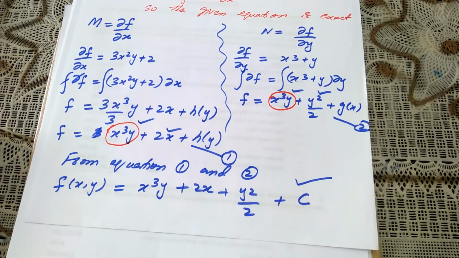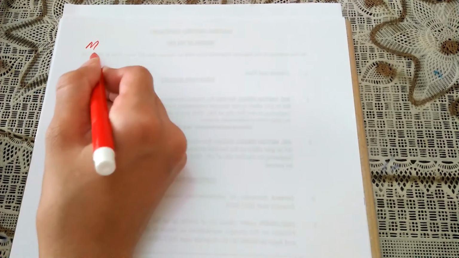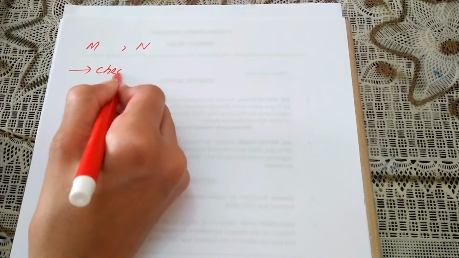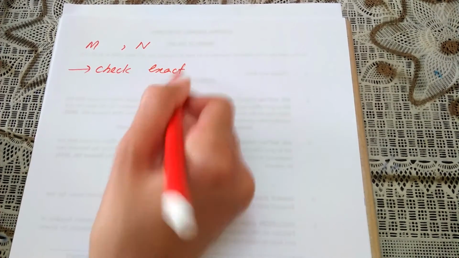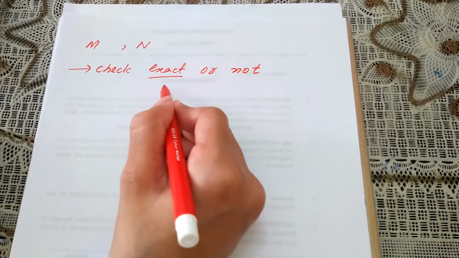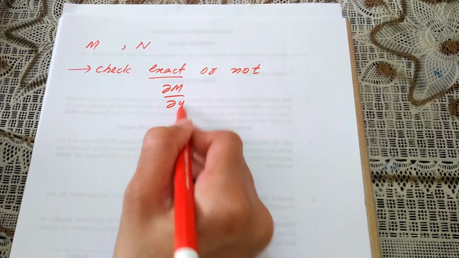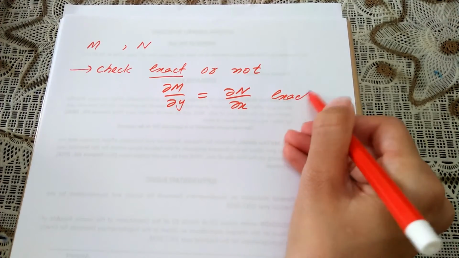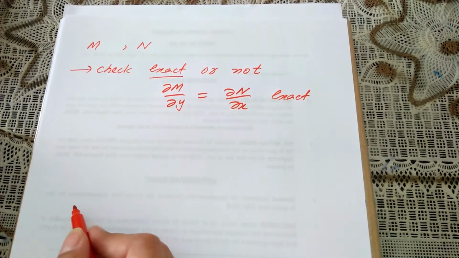What you have to do in these questions? You have to just find your M, find your N. Then check whether it is exact or not. How can you check? If your partial M over partial y becomes equal to partial N over partial x, then it is exact. Then you will move on. How will you move on?